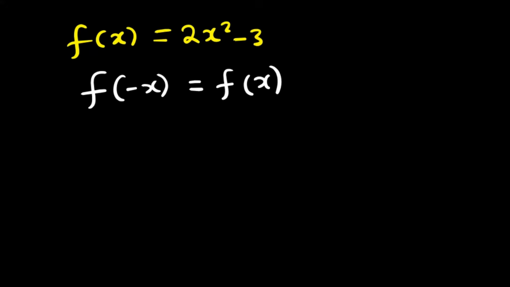What this means is that where there is x, we're going to put negative x. So let's get our function, which is 2x squared minus 3. We're saying f of negative x should be equal to that.